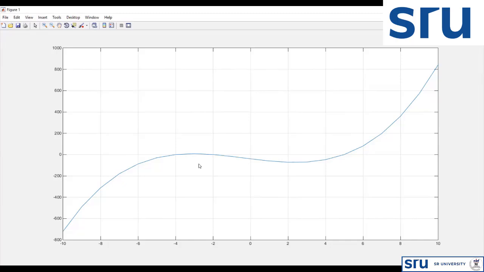But our equation is cubic, x cube plus x square minus 22 x plus 40, so 3 roots will be there. Any other? Good try. Minus 4, minus 2, so another root will be there, and another will be on 5.